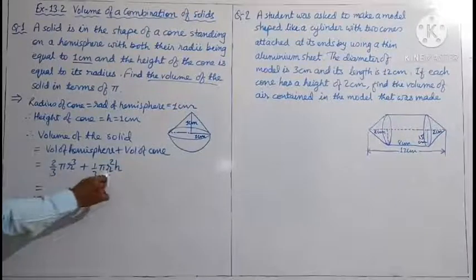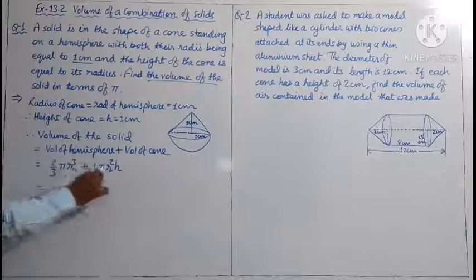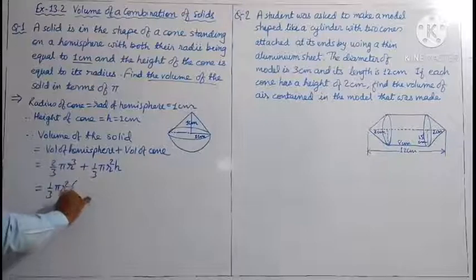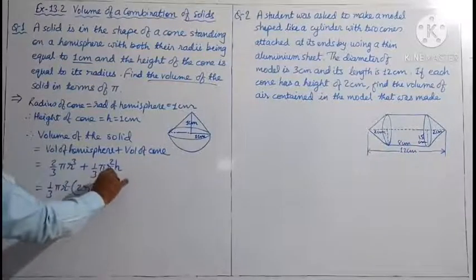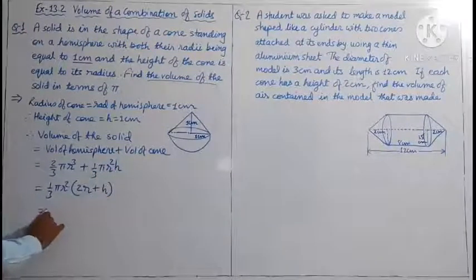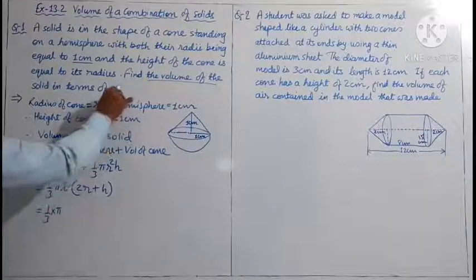So here you can see 1 by 3 is common, pi also common, r square also common. So 1 by 3 pi r square common, 2 left with r, plus h. Substituting the value, 1 by 3 pi we have to keep as it is, in terms of pi.